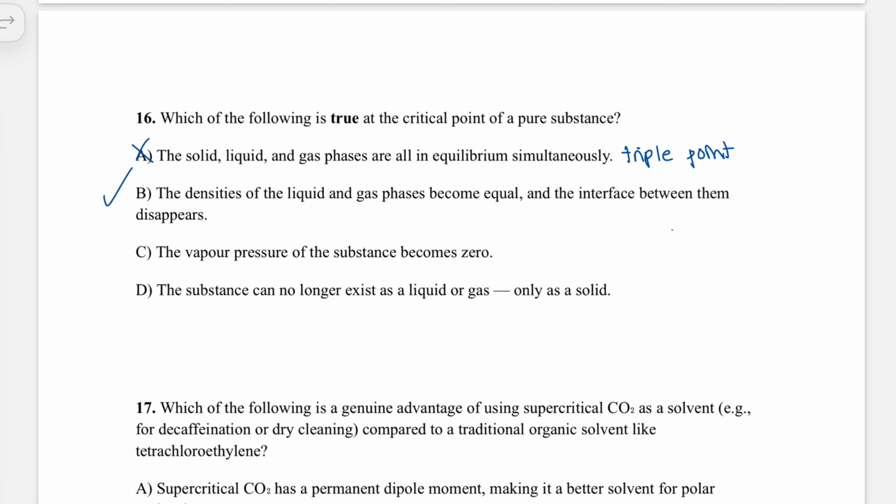In the slideshow, I think there was an example where you could see clearly liquid here and clearly gas here, but when it becomes a supercritical fluid, it's all one thing and the interface disappears. C. The vapor pressure of the substance becomes 0. This is not true. The substance can no longer exist as liquid or gas, only as a solid. This is also not true. So it's B.